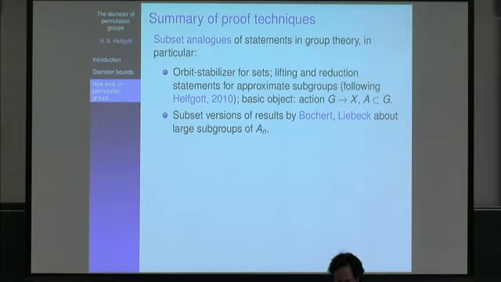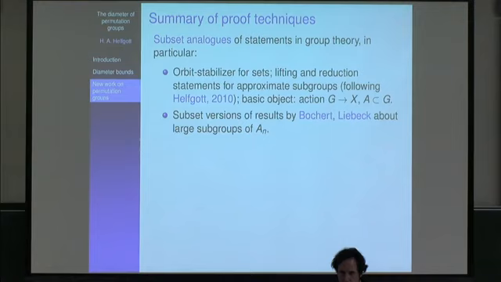So something that became clear already in the days of SL2, SL3, but is even clearer now, is that many statements in group theory of the sort that you would teach undergrads, so very concrete statements, do carry over. They are usually stated for subgroups, but they are true for sets if you state them correctly.